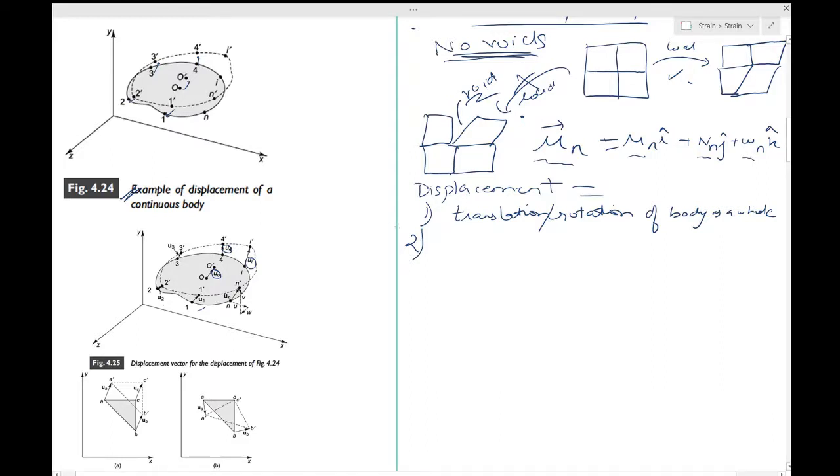The second part about the displacement is the motion of points of the body relative to each other.